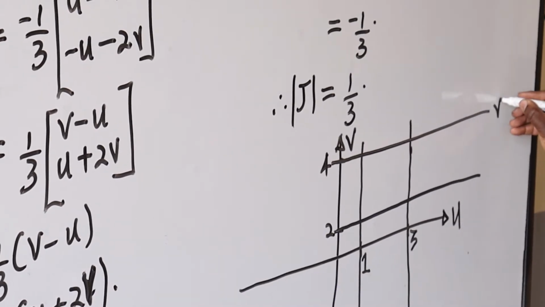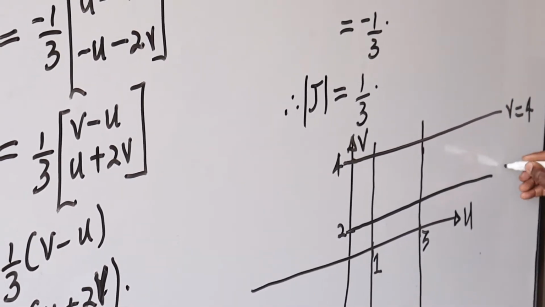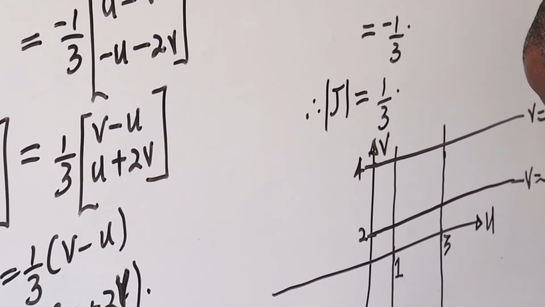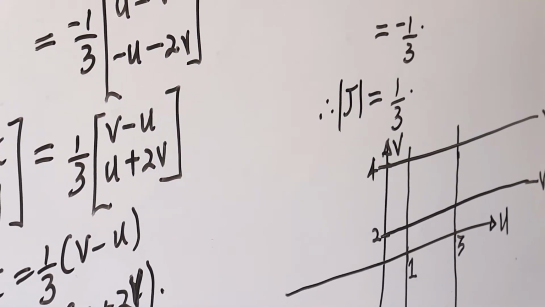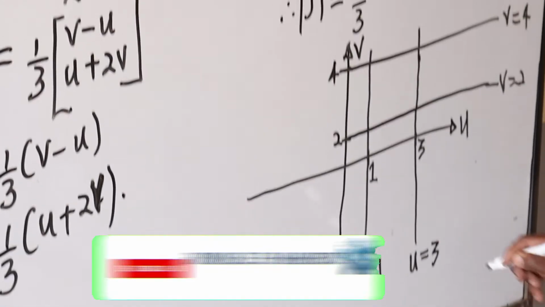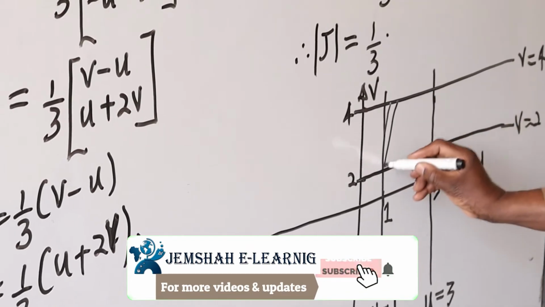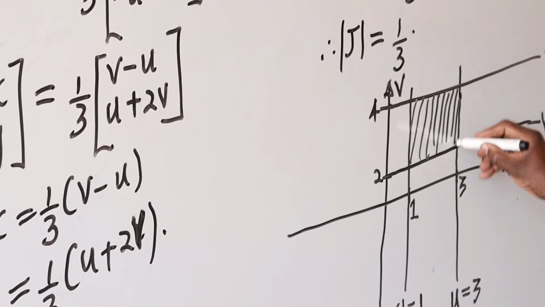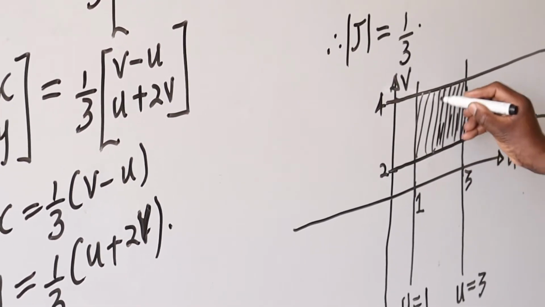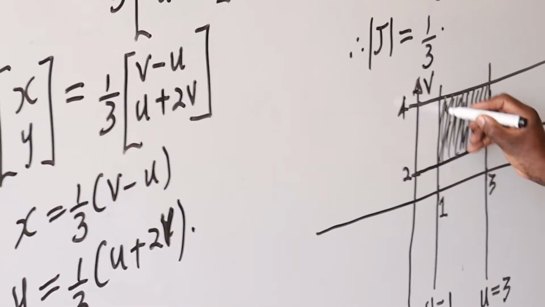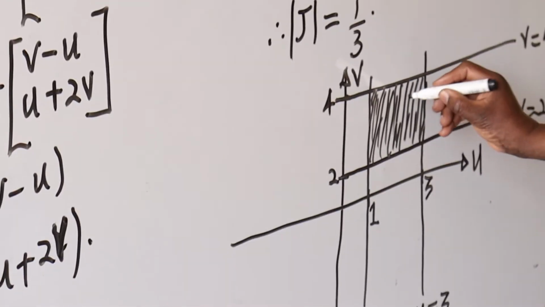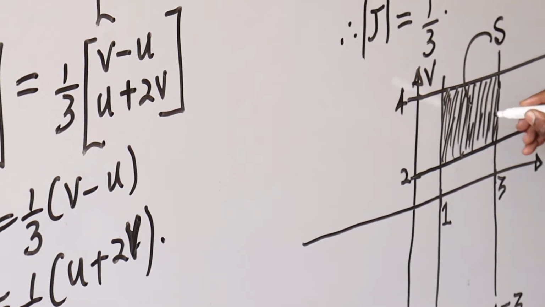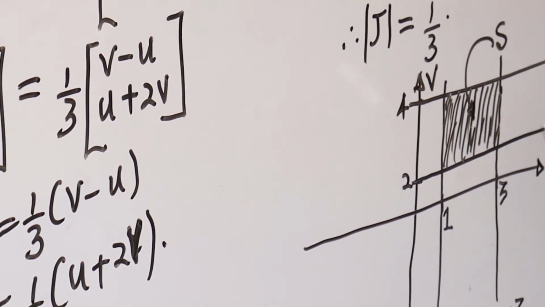So this is our new region, and as you can see, it's a very good rectangular region parallel to the axes. So this is now our region S.